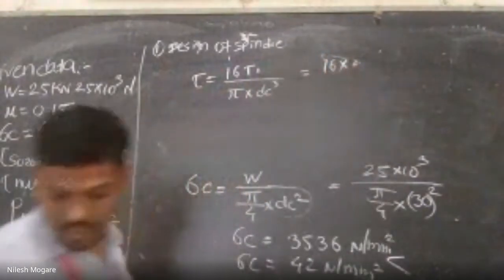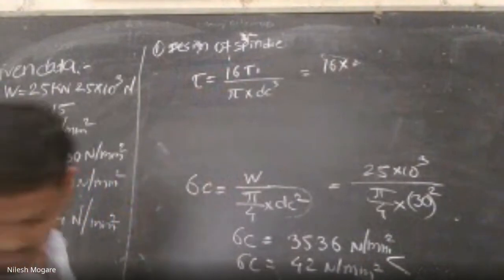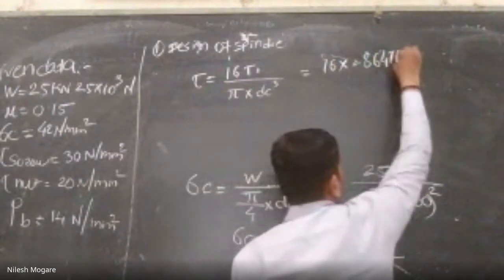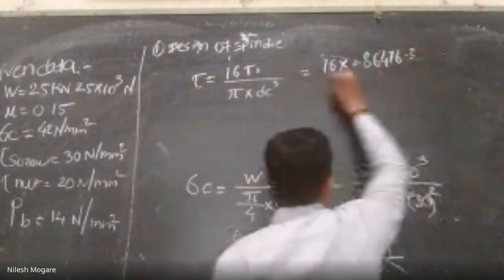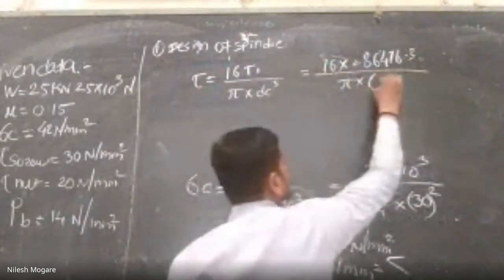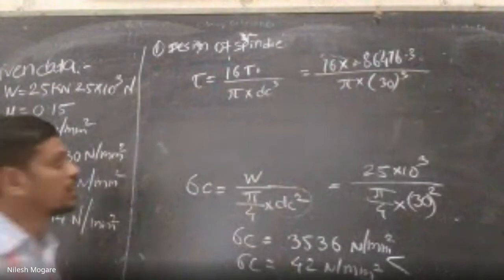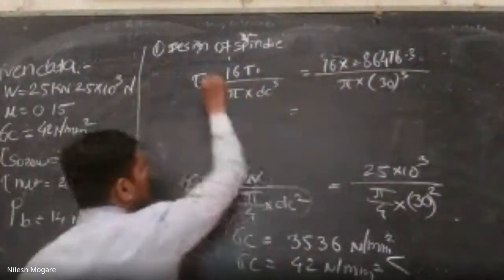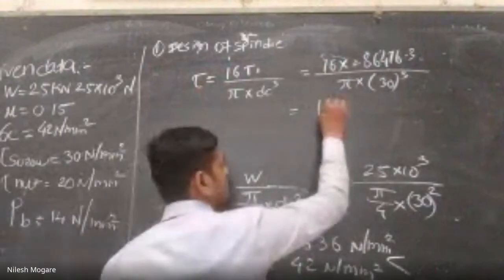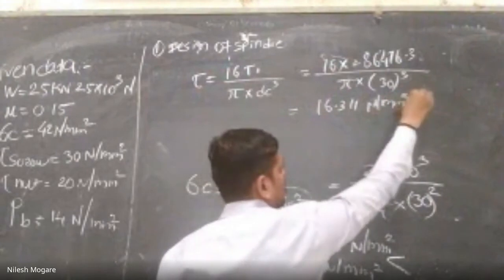The value of T1 is 86476.3 divided by pi into DC cube. So we keep DC as 30 mm, and then we have to calculate the value of tau. So it is 16.311 Newton per mm square.